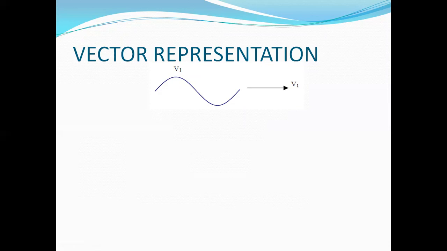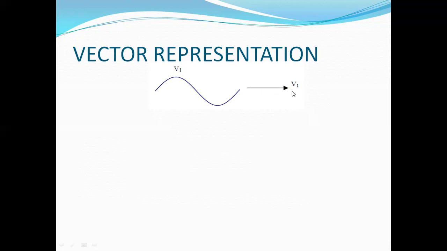So the magnitude of this sinusoidal waveform is V1, and its direction is along the positive x-axis, meaning it is 0 degrees. So the angle with the positive x-axis is 0.